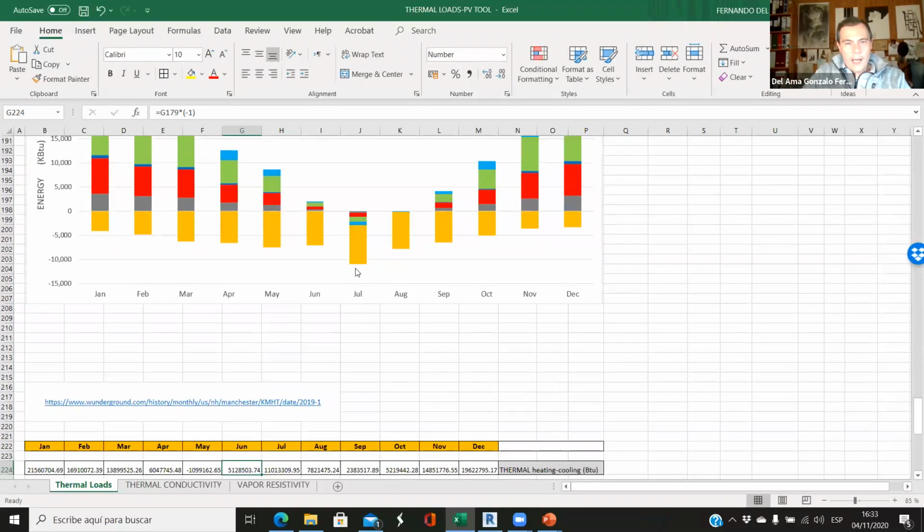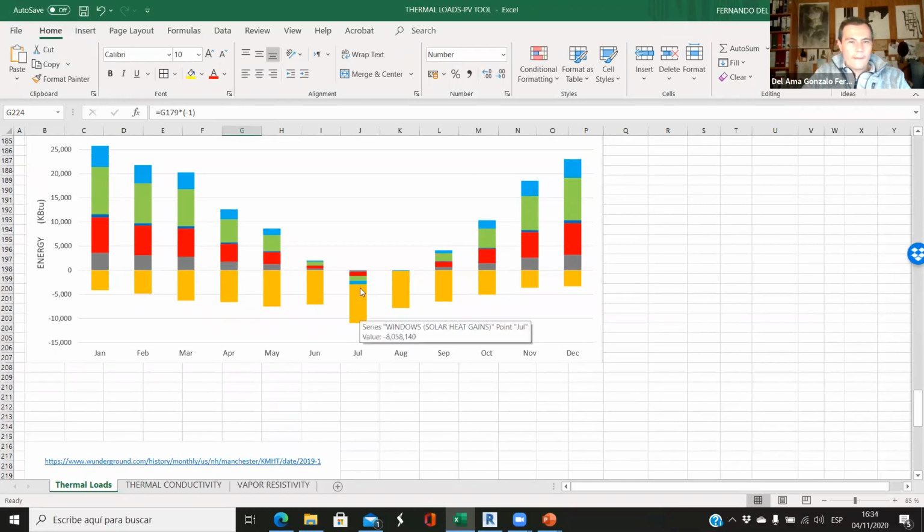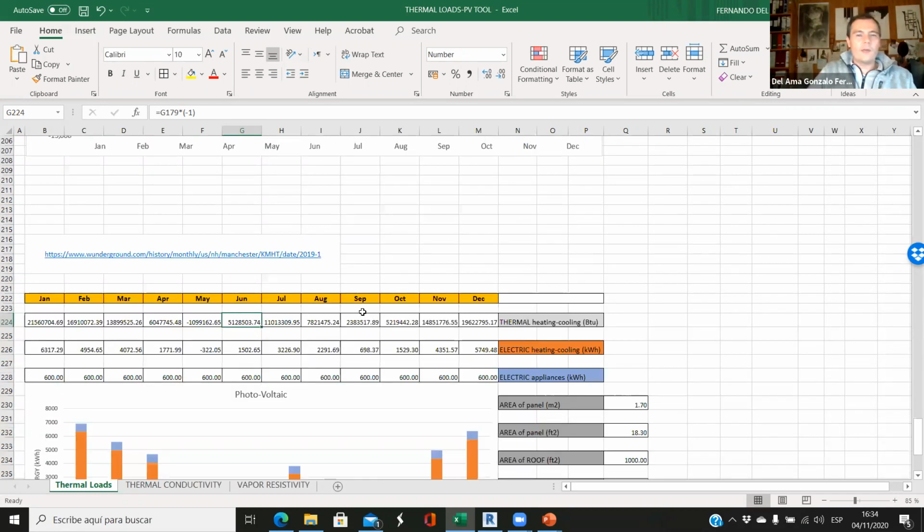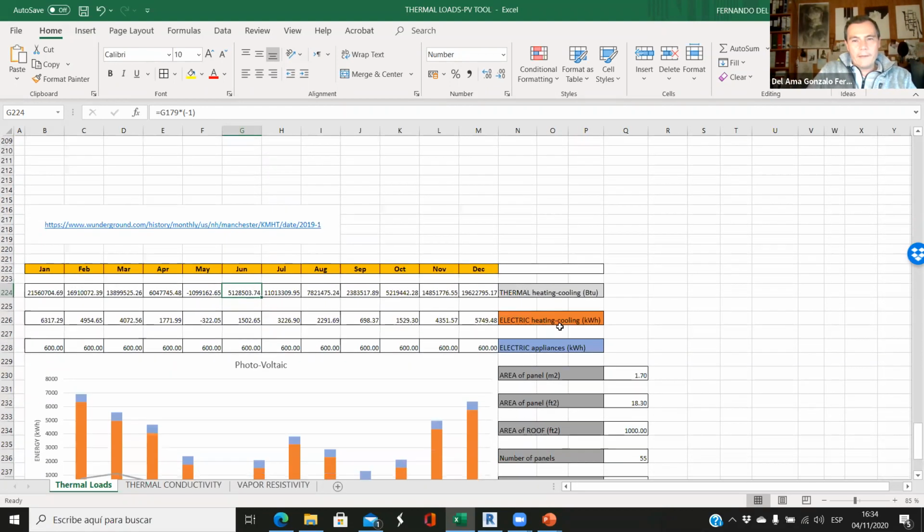We have already subtracted the solar heat gains. And if we have solar heat gains, that means that we need electricity to provide a cooling load to get rid of the solar heat gain. So that's why this is positive. And then we need to turn these units, this is in BTUs, into electric heating and cooling loads in kilowatt hours.